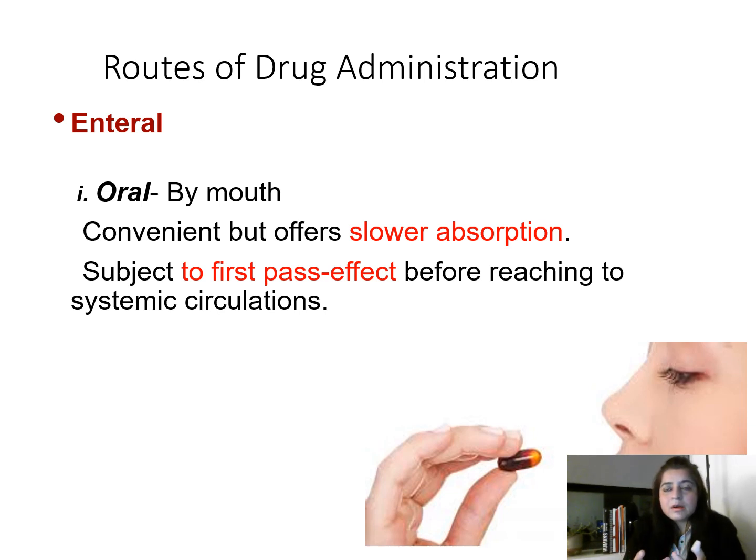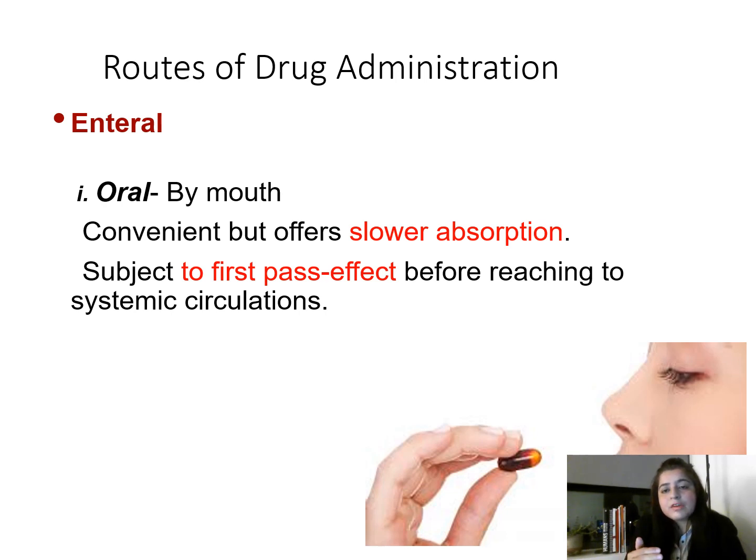The portal circulation is all those veins and arteries that surround the liver. They make up a system that we call the portal circulation. So when we administer a drug via mouth, the drug directly goes to the portal circulation.